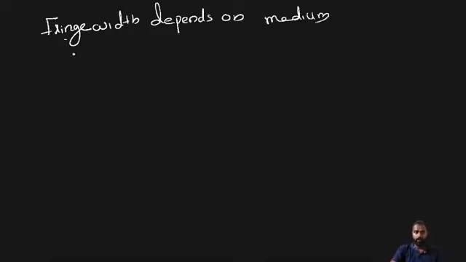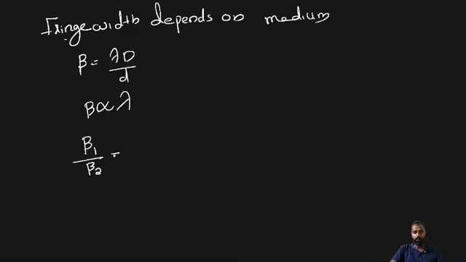That is, beta is lambda D by d. Beta is directly proportional to lambda. So beta1 by beta2 is equal to lambda1 by lambda2. This lambda is for two different media.